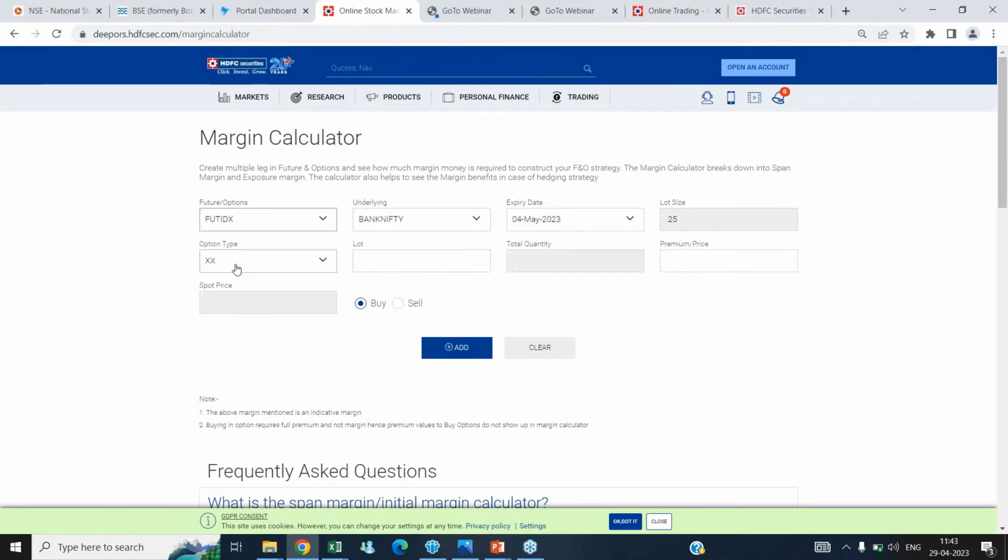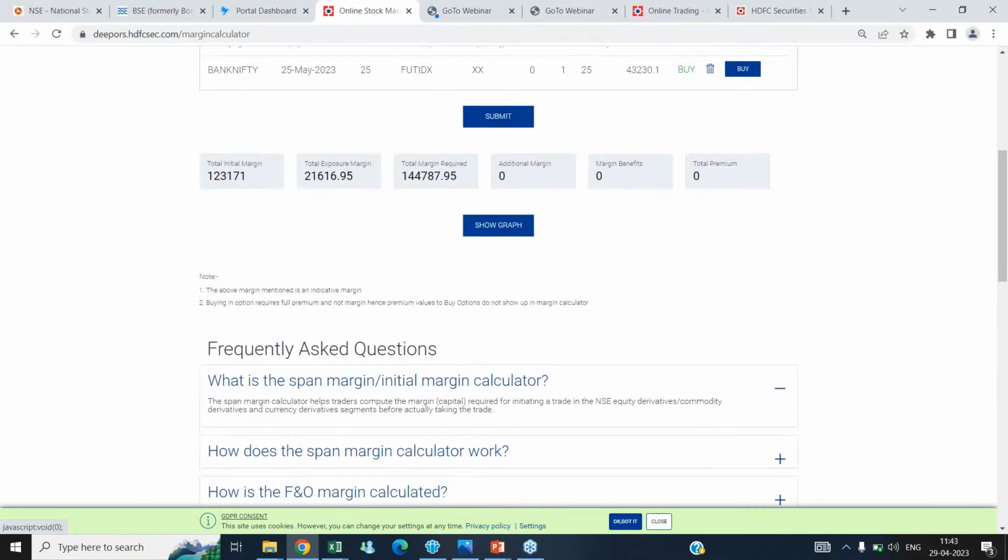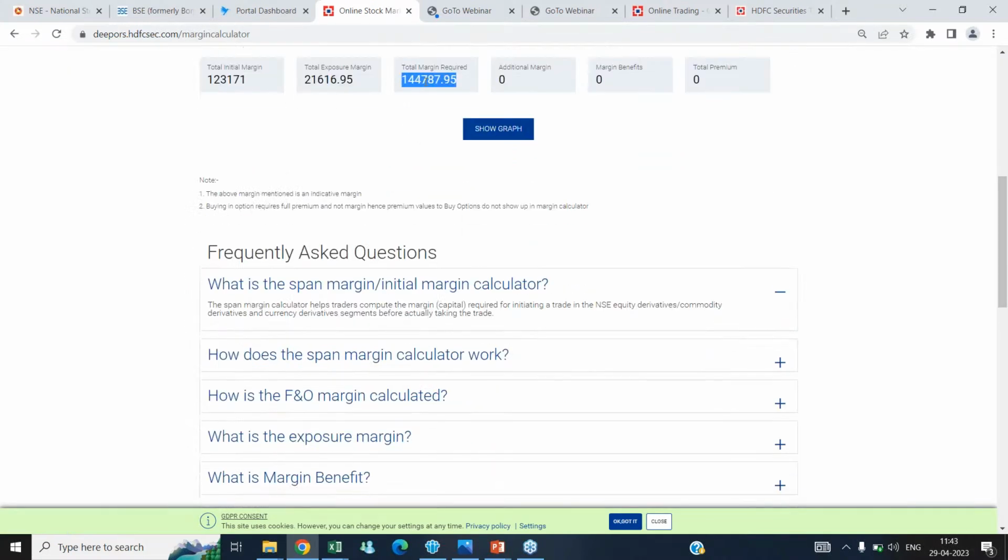You have to select future index, Bank Nifty, whatever expiry you want, how many lots you want to buy, and whether you want to buy or sell, and then click on add. Here you will be able to see the current future price of Bank Nifty and the spot price of Bank Nifty. Once you click on add and submit, it will show that if you want to buy one lot of Nifty future, around 1,45,000 rupees of margin will be required.